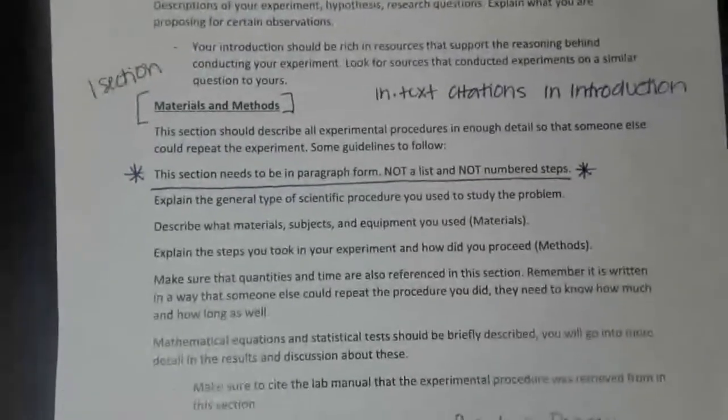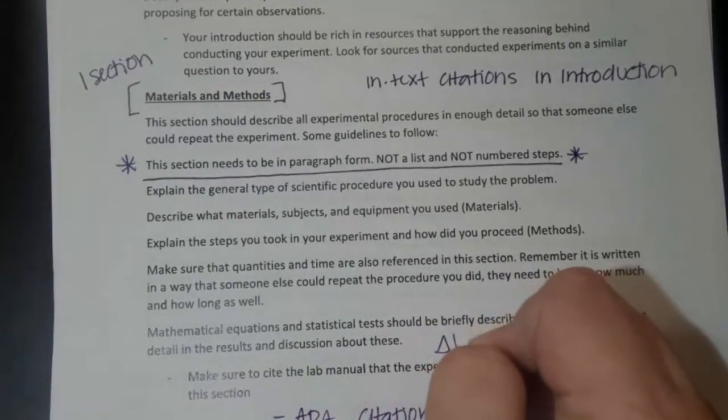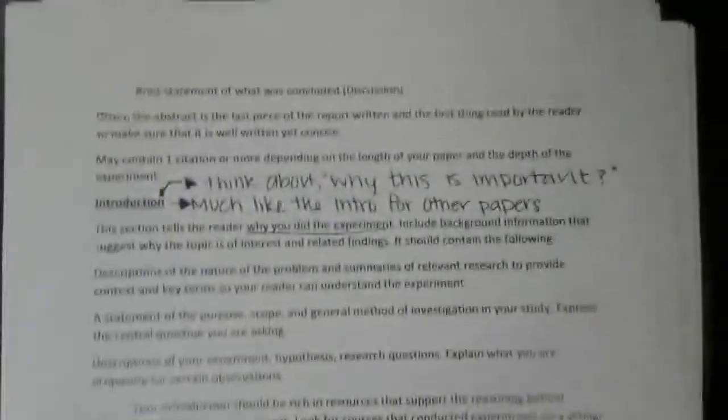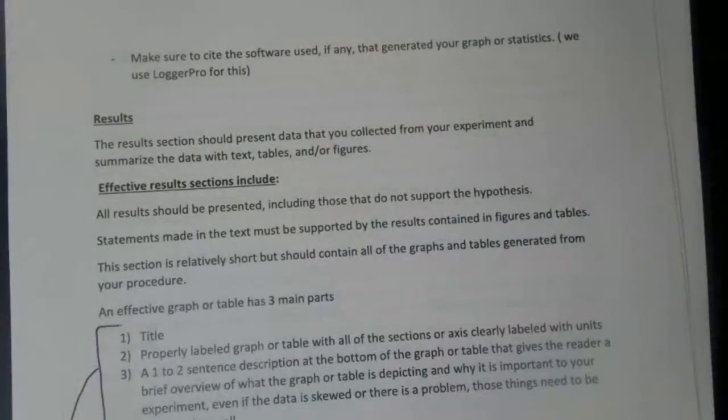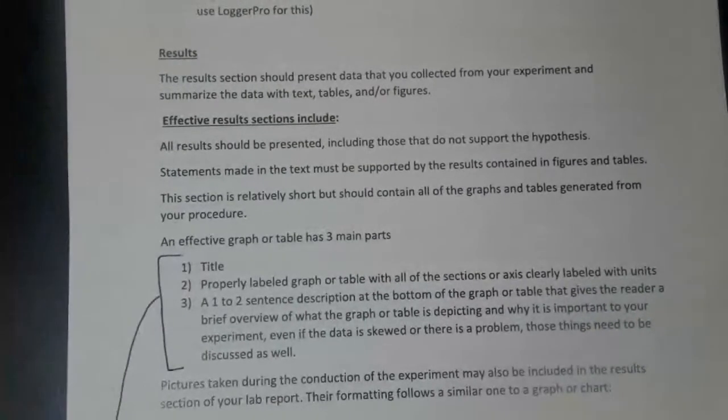When you get down to the math part of this, because you're going to calculate delta H, you will briefly mention it, but you don't have to go into great detail, because that's what the results section is for. The results section is exactly that: the results of your experiment, all the data.